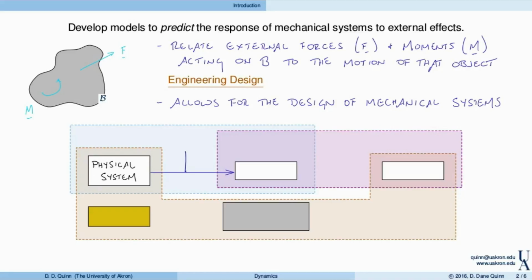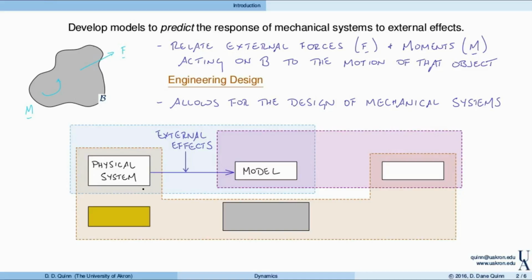So we take the physical system and combine that with a description of the external effects, forces and moments, for example. Could be things like initial conditions as well. And we will formulate a mathematical model that represents the physical system.